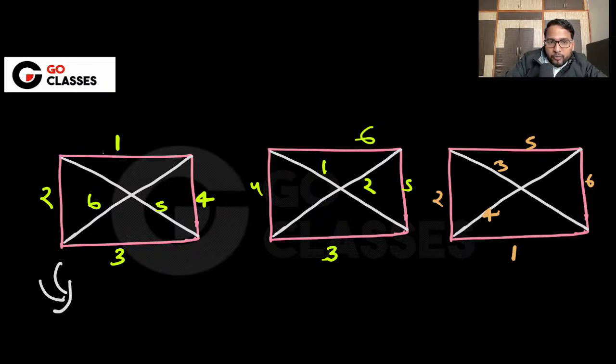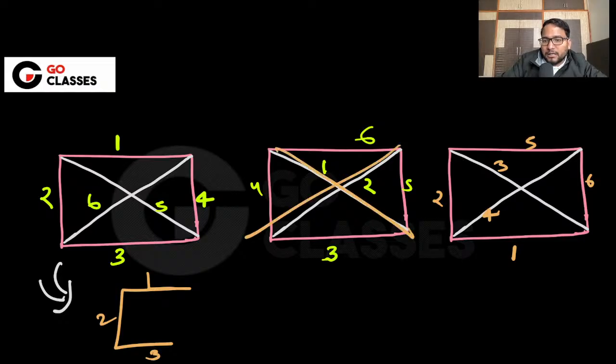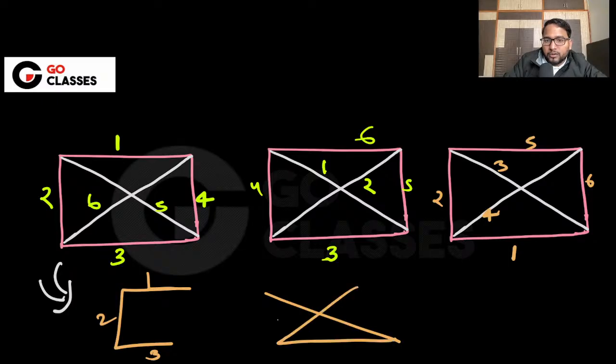So you are able to take 1, 2, 3. Here also 1, 2, 3 is not forming a cycle. Here, since 1, 2, 3 is forming a cycle, Kruskal's will take 1, then 2, then 3 is forming a cycle. That is why you will go for 4, right?